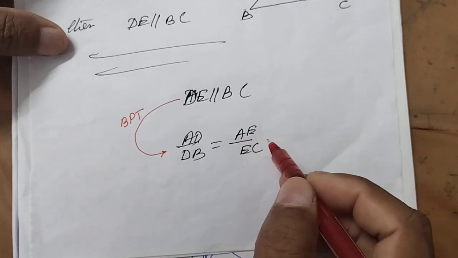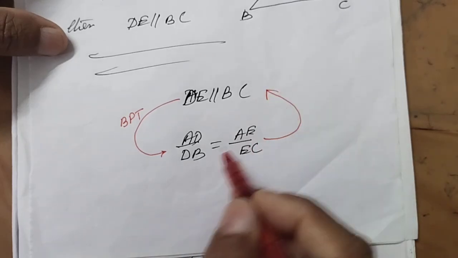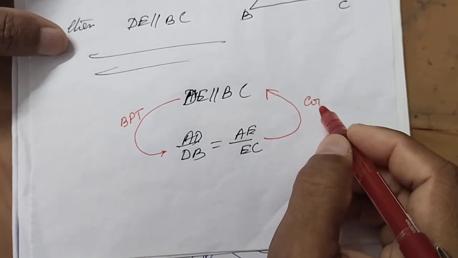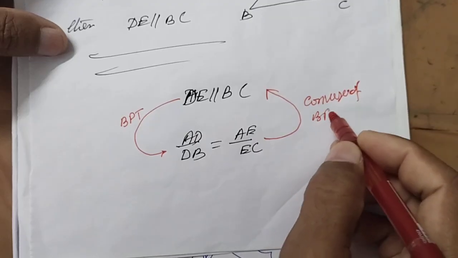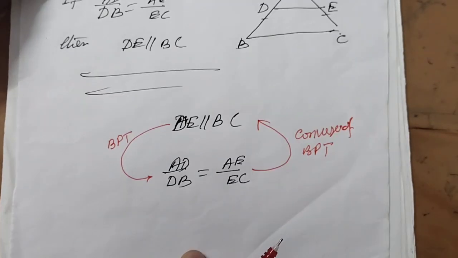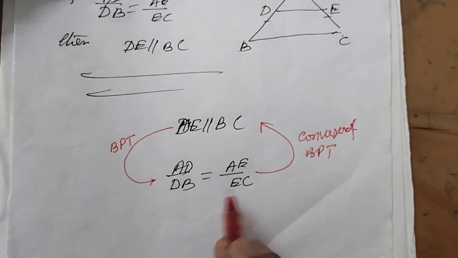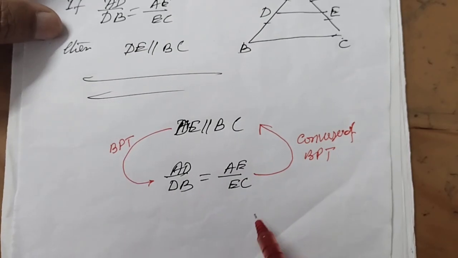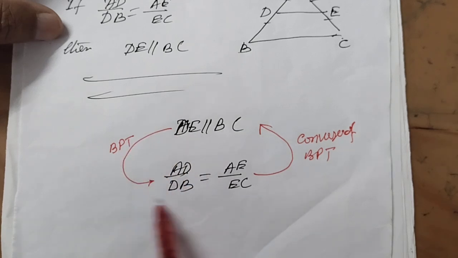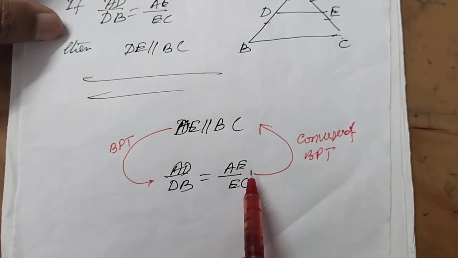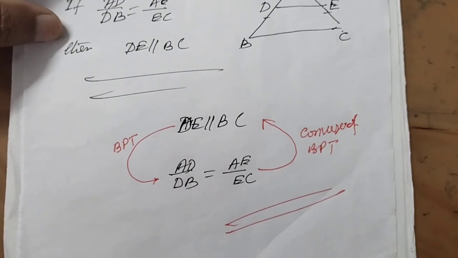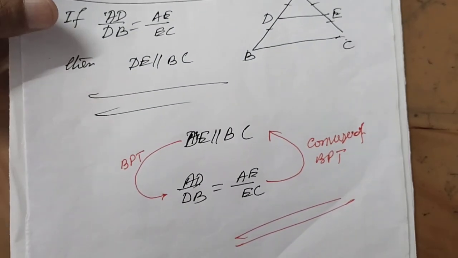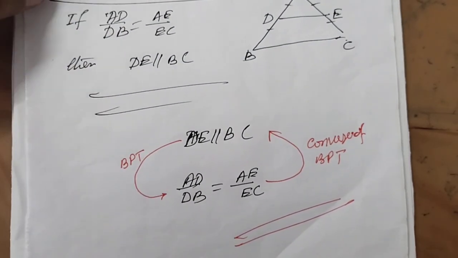If parallel, ratio equal, and just reverse the condition: if ratio equal, then parallel. This is the converse of BPT. And the whole exercise 6.2 is different. Of course, in the whole chapter you need this BPT and its converse. You memorize it like this: parallel, ratio equal is BPT. Just reverse: ratio equal, then parallel is the converse of BPT. So in the next video, I am giving the solution of exercise 6.2.